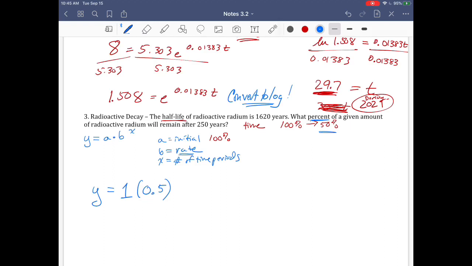And now the number of time periods. So every time a given time period passes, you're degrading by 50%. So if we want to know the number of years, we can't just call it x. We have to call it x over 1620. The reason for that is after x equals 1620 years, 1 half-life will have passed.